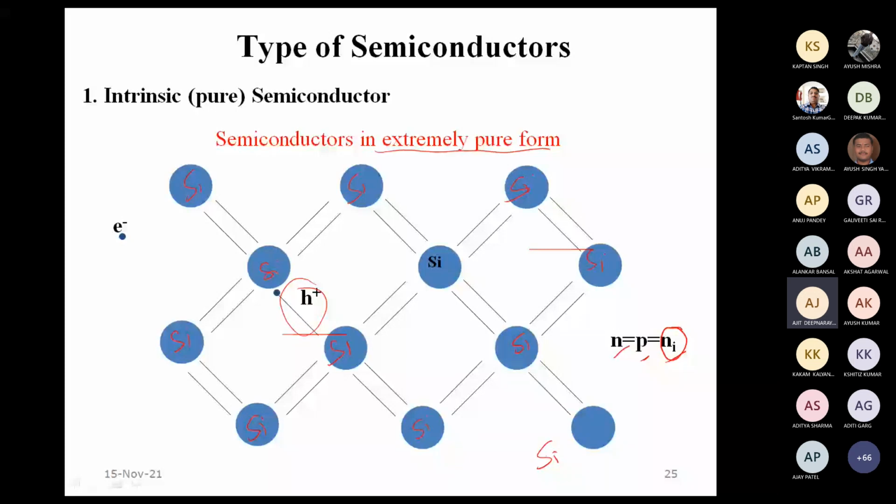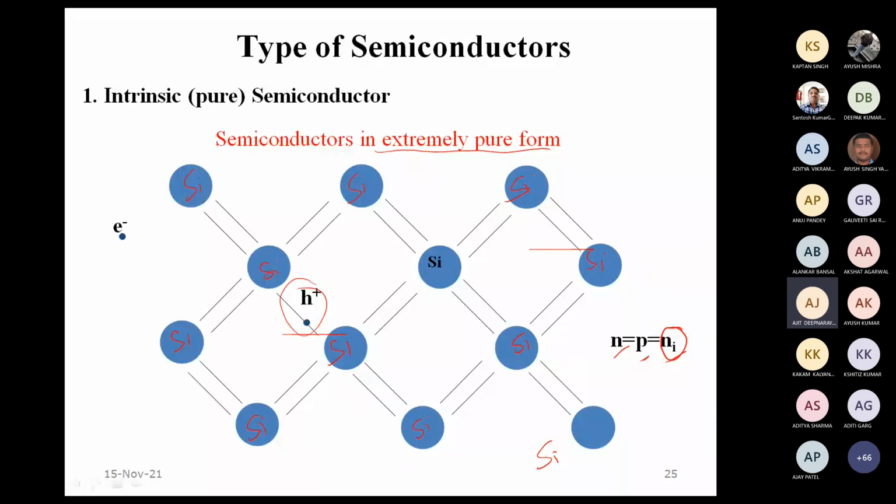If it is kept at 0 degrees Kelvin, then there will be no electron hole pair, because there will be no thermal energy. But as we just saw, if some excitation or energy came and imparted energy to the bonding electron, then the electron was generated, and a hole also appeared in its place.